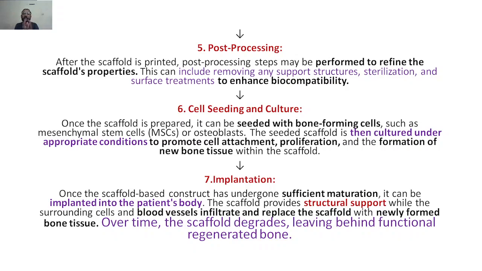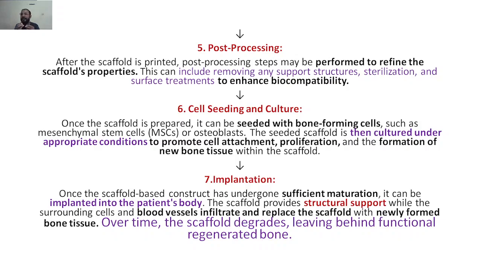So these cells should grow. The scaffold is ready, and inside it we do seeding, like what we call sowing; that is how we put the cells in. So this will be seeded up. The seeded scaffold is then cultured under appropriate conditions to promote cell attachment, proliferation and finally the formation of new tissue within the scaffold. To grow, the required environment should be maintained, so that cell attachment will happen.